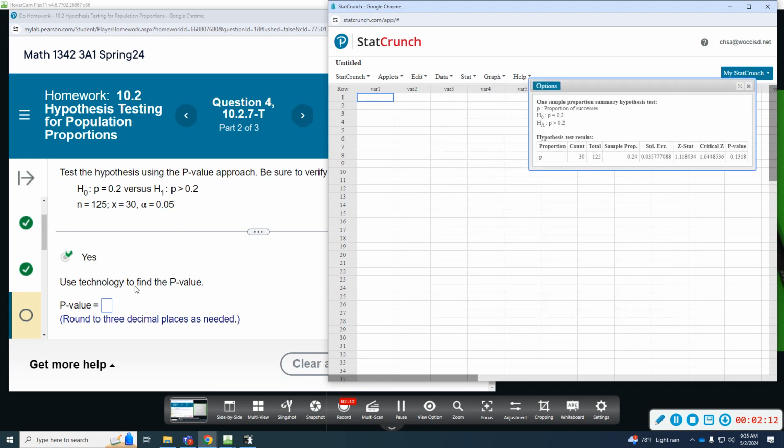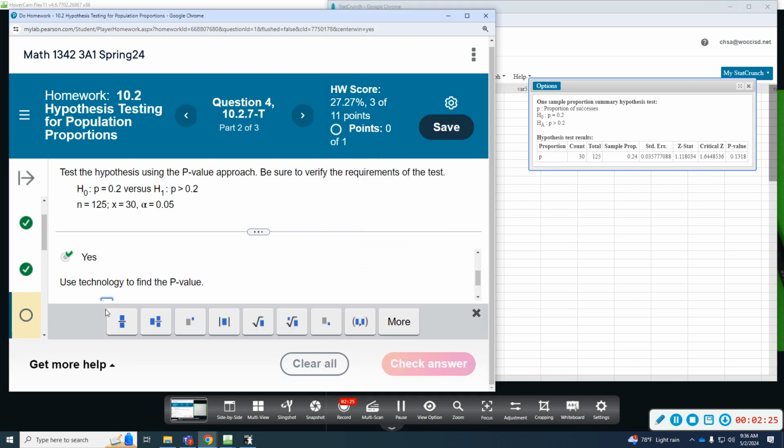So the p-value for this is 0.1318. They want us to round to 3 decimal places, so 0.132.